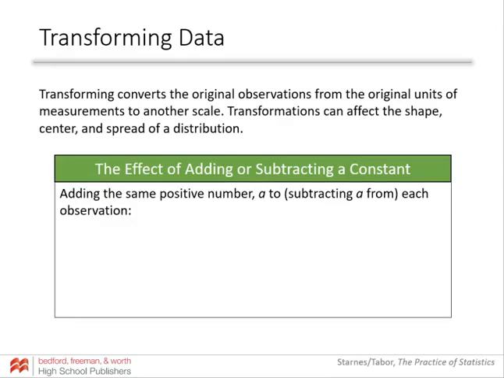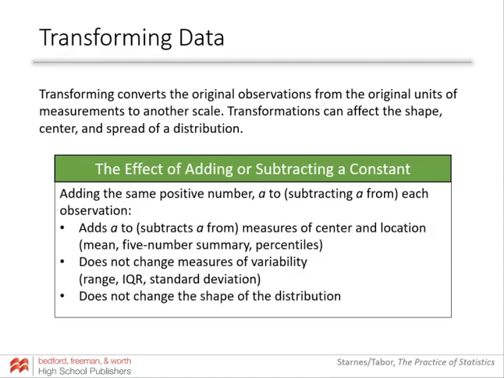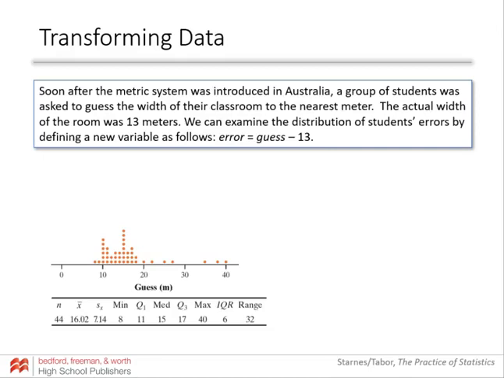All right, sometimes we have to add or subtract the same number to each value in our data set. Okay, when that happens, all right, we can talk about three things that it affects. Measures of center and location. So that would include the mean, the 5-number summary, percentiles. Okay, all of those are going to be added or subtracted by that same number. So let's look at an example because this might make it a little bit clearer.